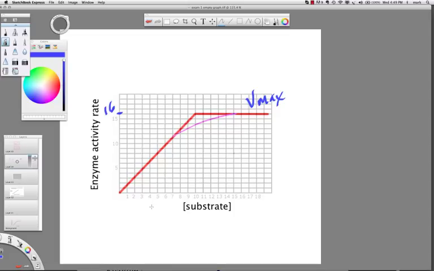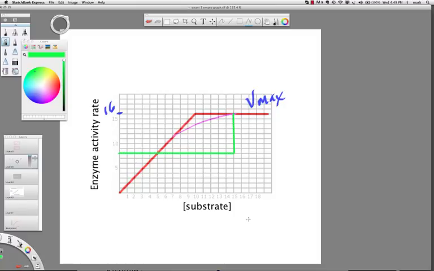So a mechanism to measure how good an enzyme is at finding its substrate is to take half of the maximum rate of activity of that enzyme. So in this case, since the maximum is 16, half of the maximum is 8. That's half of the Vmax, okay?